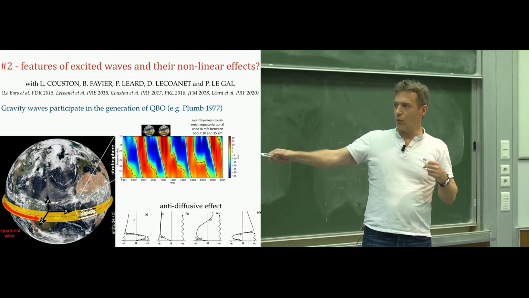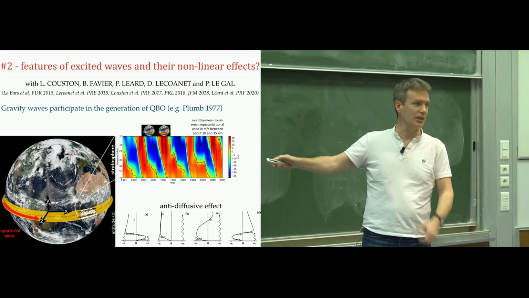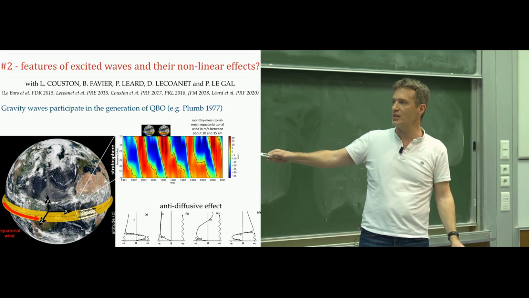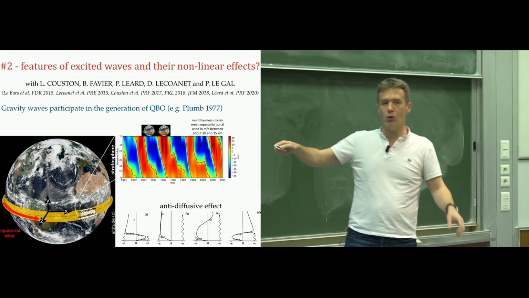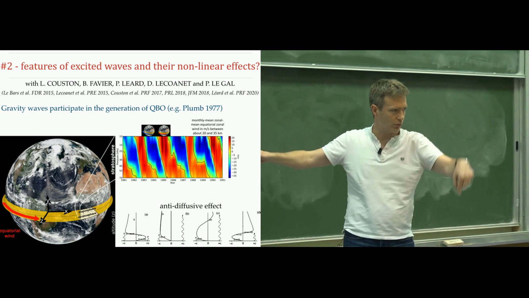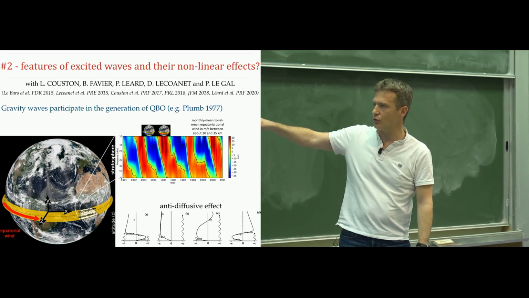The wave going in the other direction will be less damped, so it will go higher up until it reaches a wind in the other direction, where it will damp, deposit its momentum, and increase its velocity. So the whole wind pattern here, this will be increased and will go towards the ground, and this will increase and go also towards the ground.